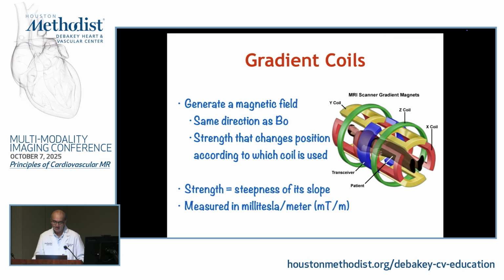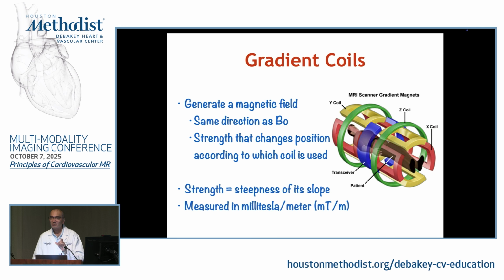The gradient coils, as we talked about, are within that MRI scanner itself, encircling the body. The purpose of the gradient coils is really to cause a distortion or an alteration in the magnetic field. But it doesn't do it in a random fashion. It does it in a very specific manner, such that if we apply a gradient, let's say, in the head to foot direction, then with the application of the gradient, instead of the local magnetic field being 1.5 Tesla, it may be slightly higher as you go further away from the center, closer to the head, and it may be slightly lower as you go further away from the center, more towards the feet.